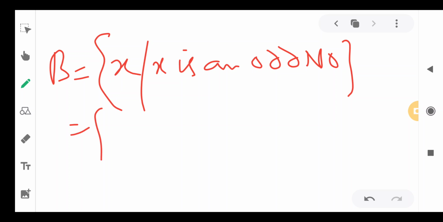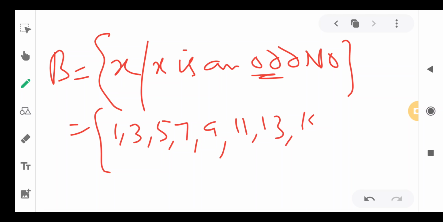What are the odd numbers? 1, 3, 5, 7, 9, 11, 13, 15, 17, and so on, infinite. Like this we should be able to write it.